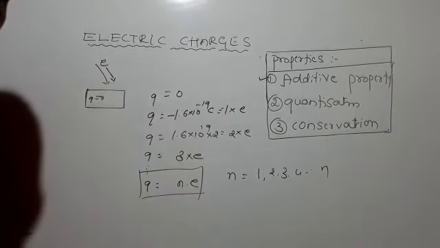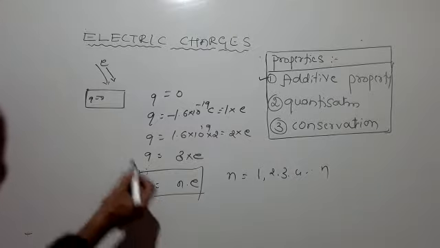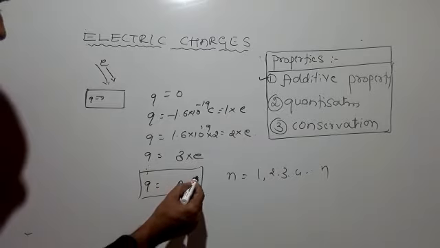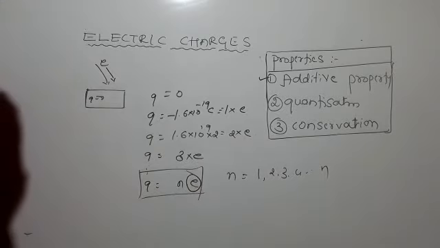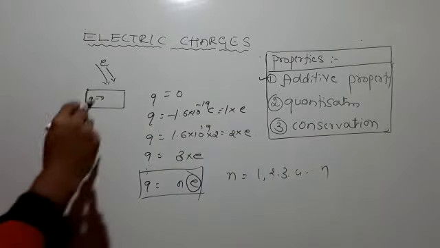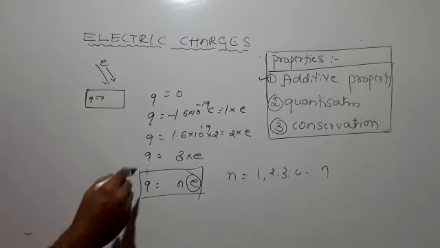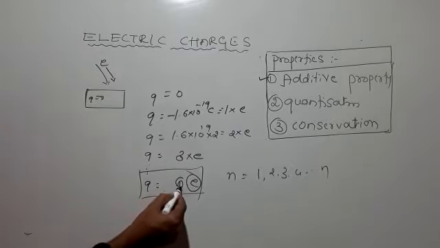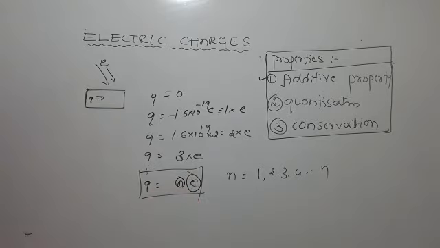So the charge on any conductor will be an integral multiple of the electronic charge. This is called the quantization of charges. Therefore, according to quantization of charges, the charge on any conductor will be an integral multiple of the electronic charge.